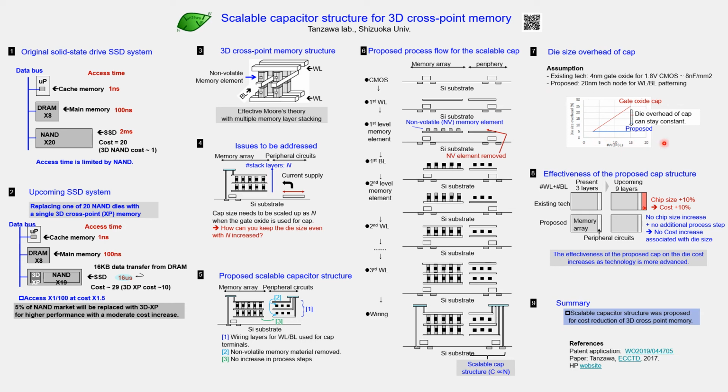As the number of word line and bit line layers increases, your gate oxide capacitor must be increased by the same rate, whereas there is no additional overhead with the proposed structure. So this area overhead results in chip die cost.